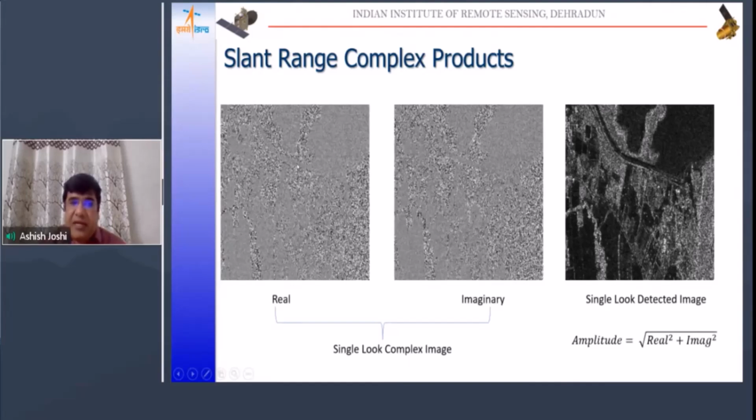If we get two files, one real and the second imaginary, this is called the SLC product. If we apply the formula amplitude equals real square plus imaginary square, then we get the detected product. This is our single look detected image, and this is the single look complex image.